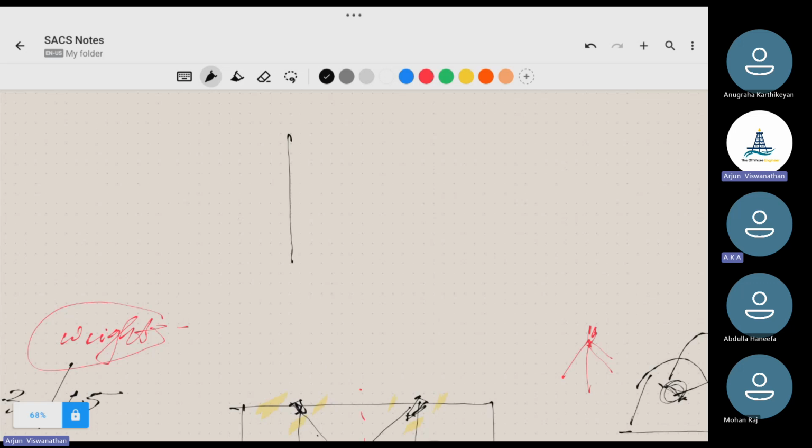Okay. So let's say this is my structure. Now this is my COG location.